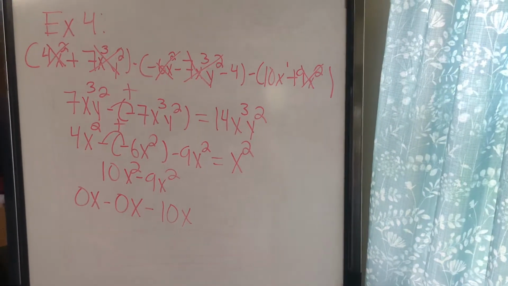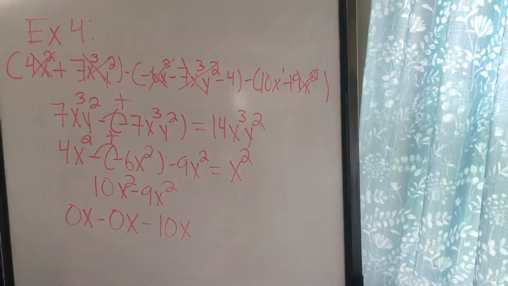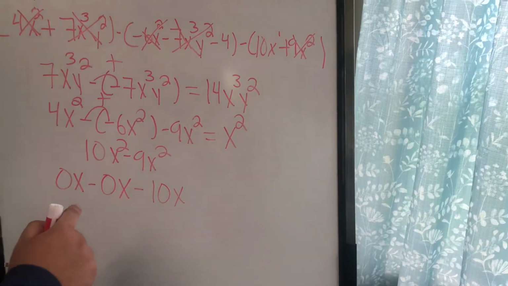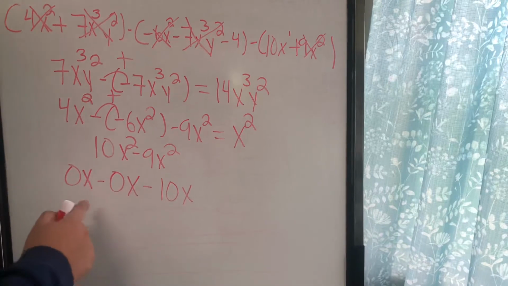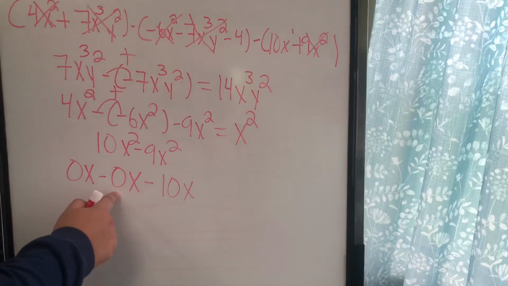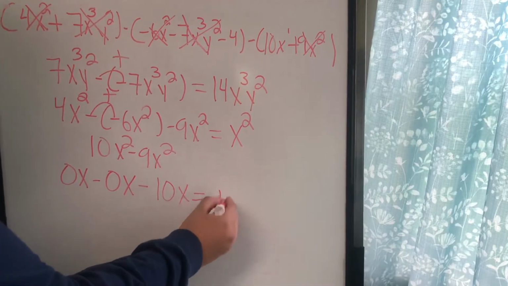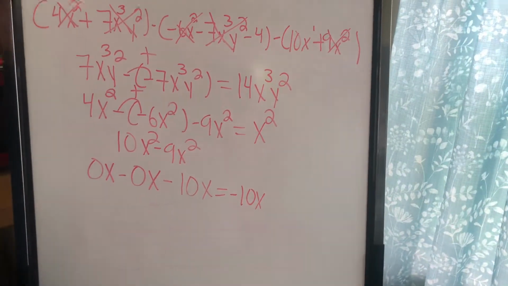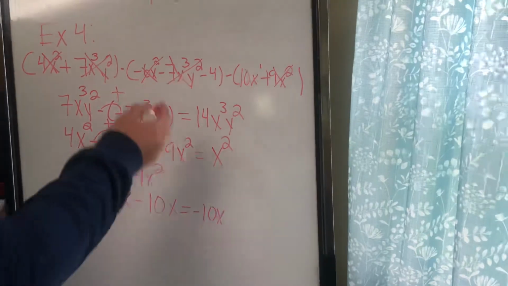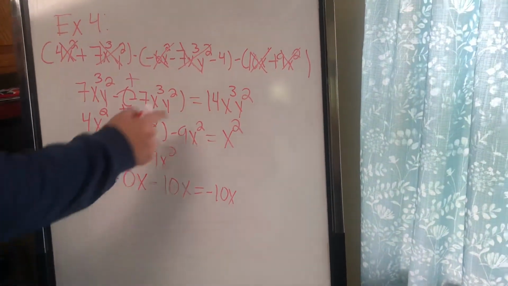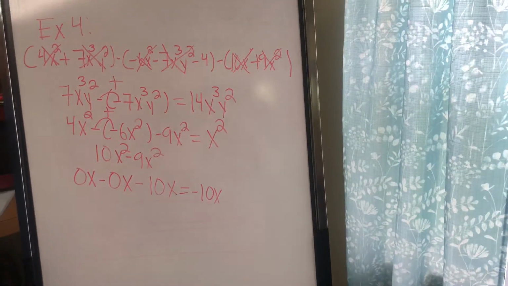So let's go ahead and begin. It's just going to be 0 minus 0, that's 0. 0 minus 10, well, still the same thing, negative 10x. That gets rid of this. And all you have left is that minus 4.